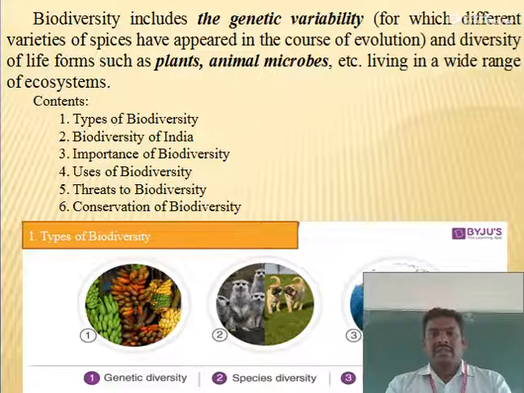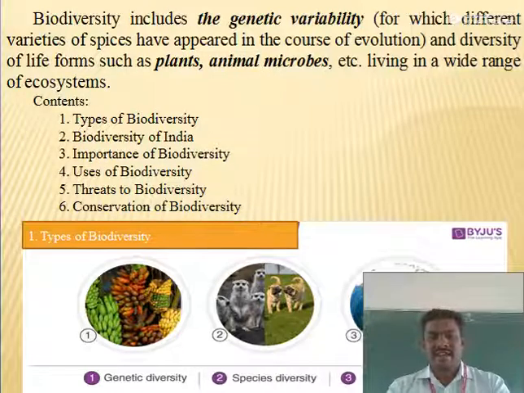Biodiversity includes the genetic variability and diversity of life forms such as plants, animals, microbes, etc., living in a wide range of ecosystems. The main focused content of biodiversity is six ways.